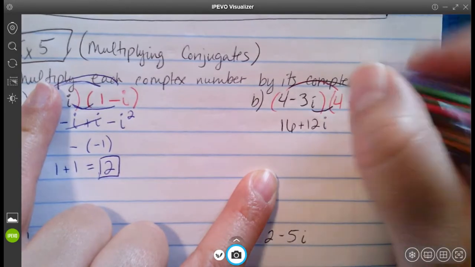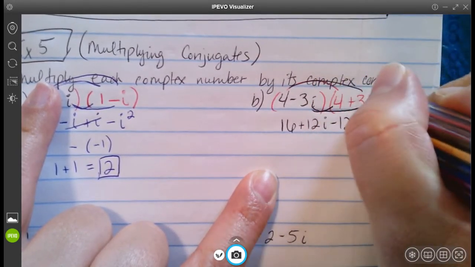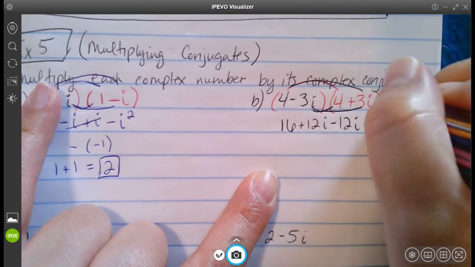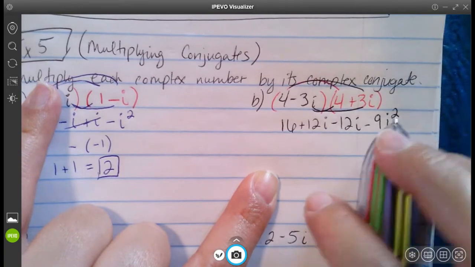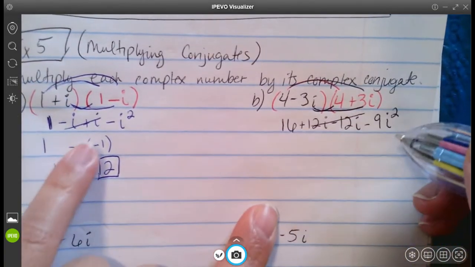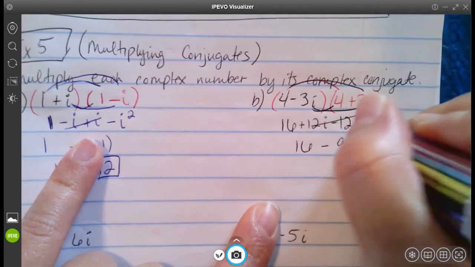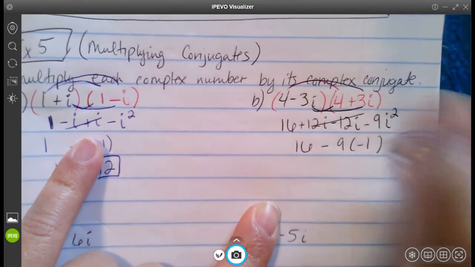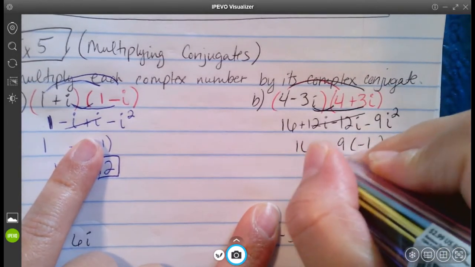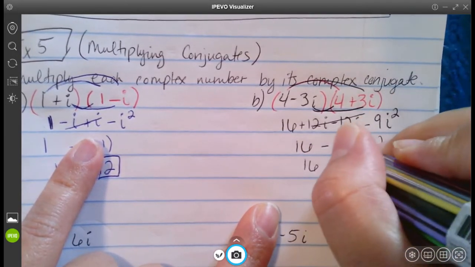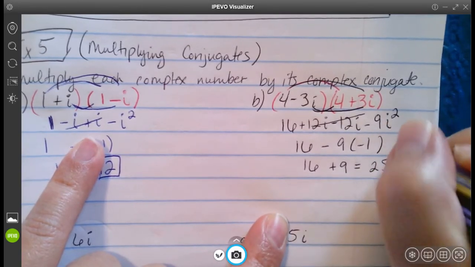Negative 3i times 4 is going to give us negative 12i. And then negative 3i times 3i is going to give us negative 9i squared. So again, you can see that these two are going to come out to 0. This is 16 minus 9 times negative 1, because again, remember, i squared is negative 1. So we get 16 plus 9, which in this case is going to be 25.